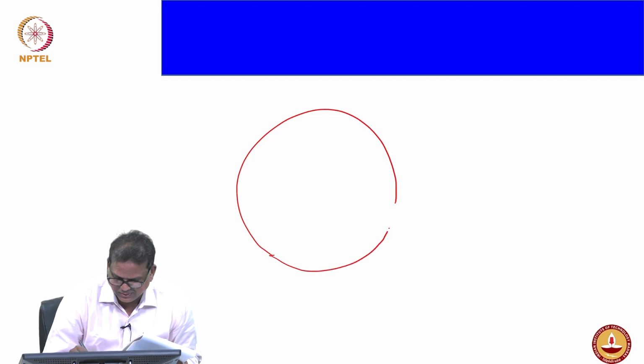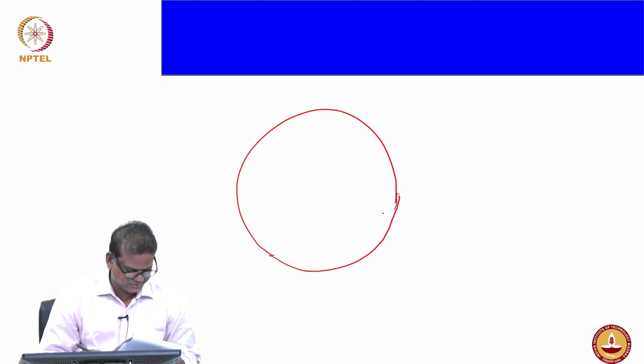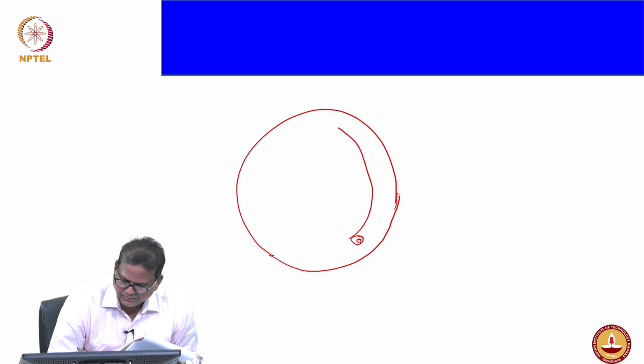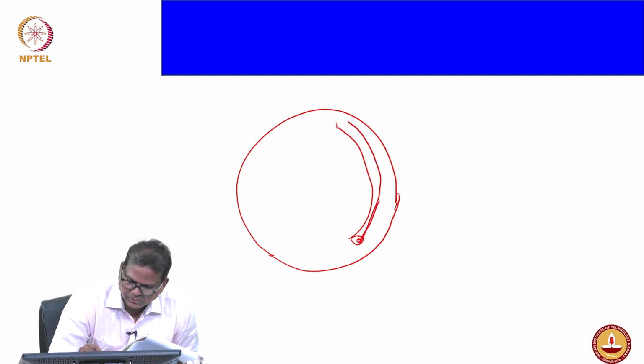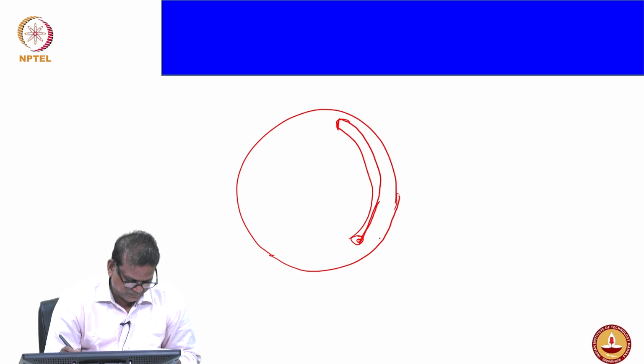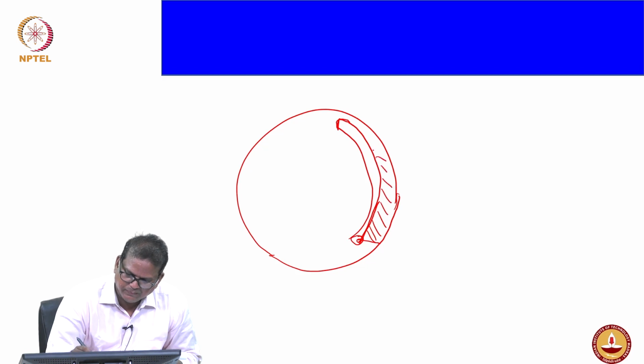Just not to scale, just for understanding purpose. So, we have a pivot here, the pivot will move like this. That is a pivot. Then the friction lining also will be there. The friction lining is fully attached to the wheel drum.